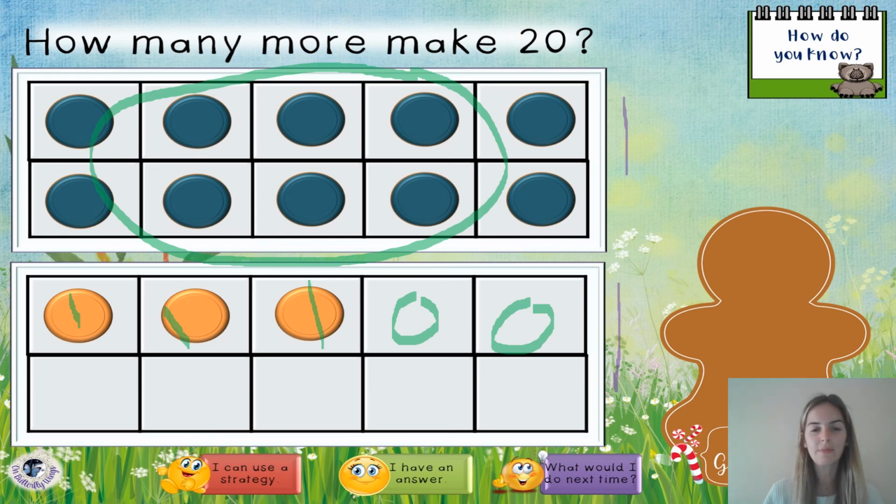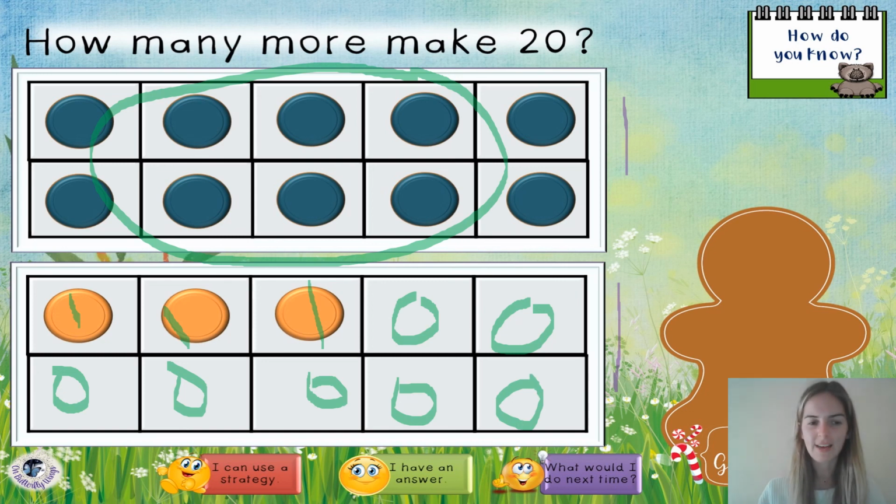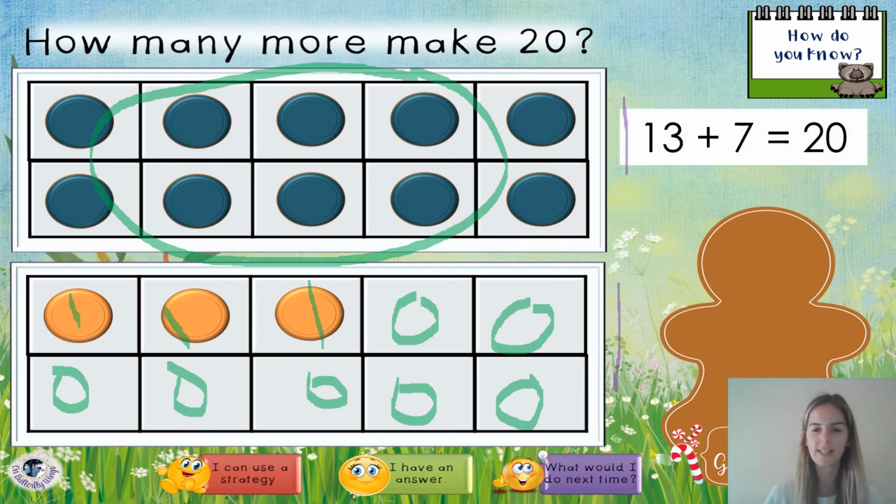So let's count them now. 1, 2, 3, 4, 5, 6 and 7. So we needed 7 more to make 20. And as an addition problem, that is 13 plus 7 equals 20.